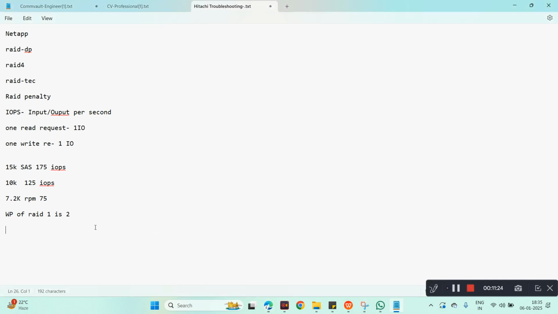Okay, so suppose you know the application IOPS, but you have to know the factors that could limit your IOPS calculation.